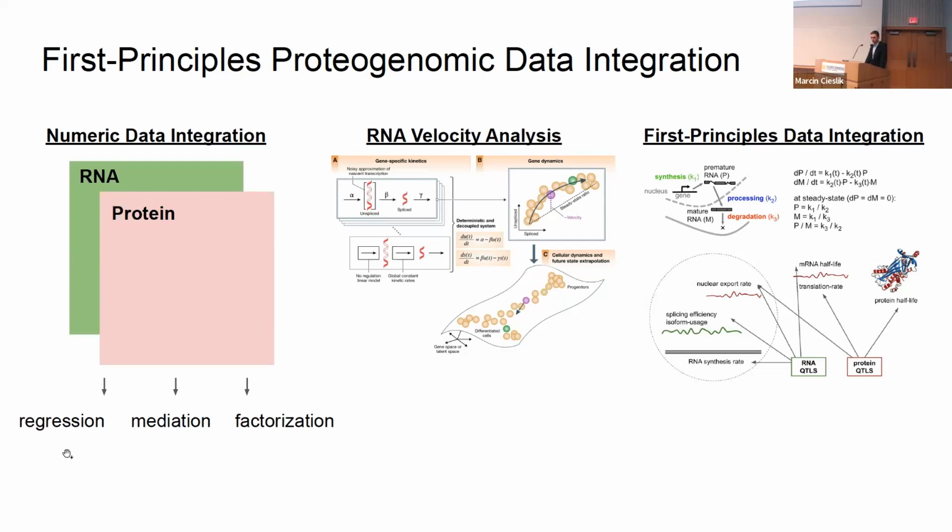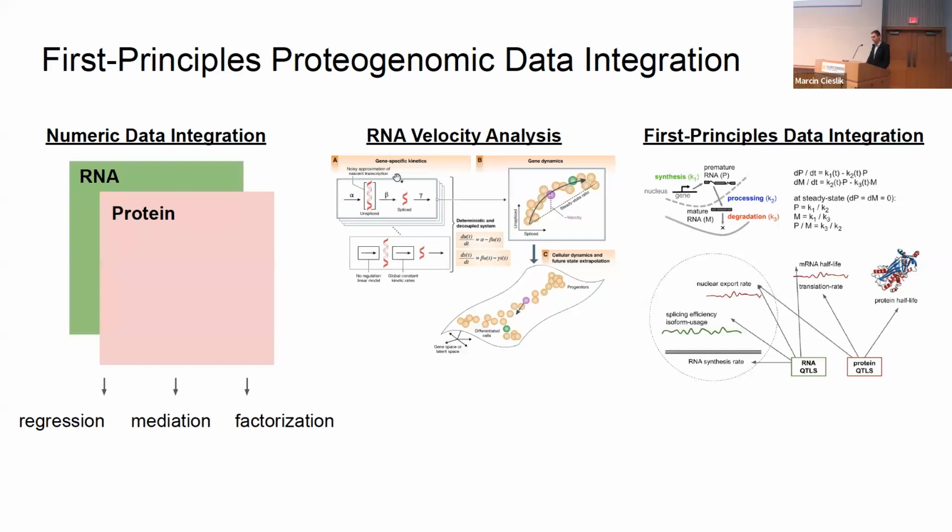We do methods like regression, factorization, or mediation analysis, but really we just treat those matrices as matrices of numbers. For whatever it's worth, it could be anything. There's no understanding in our analysis that the green matrix corresponds to RNA and the red matrix corresponds to protein, and there's a certain causal relationship between them.